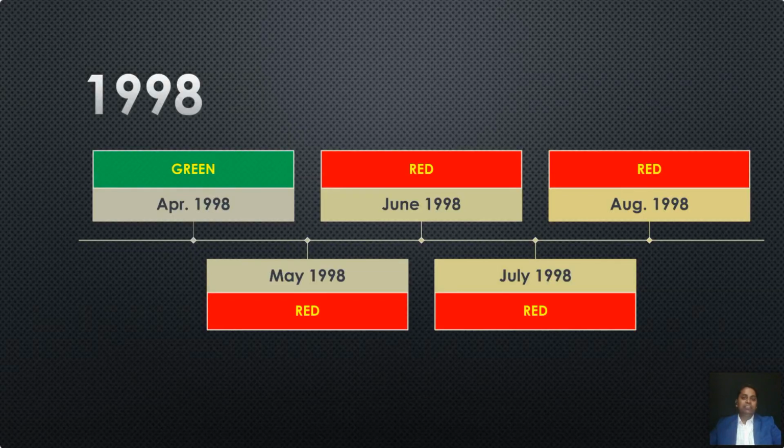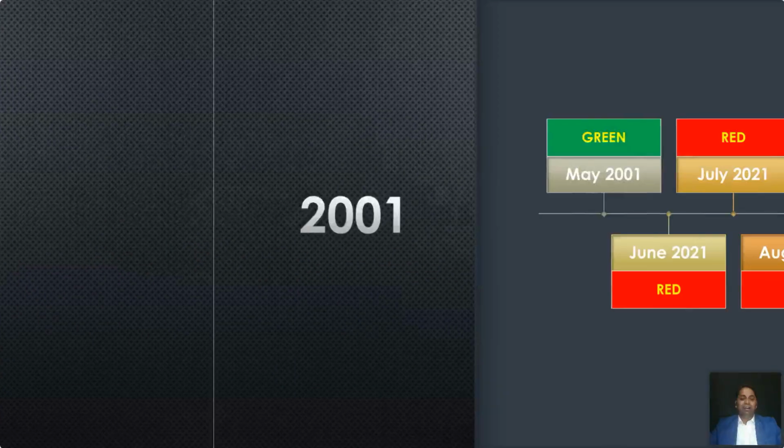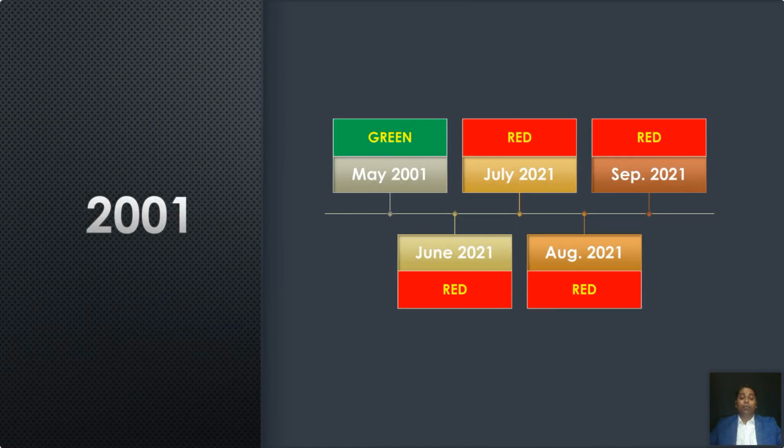Can you tell me how much the Nifty corrected in these 4 months? From the April 1998 highs, the Nifty corrected from 1203 to almost 830, which means a correction of more than 32%.